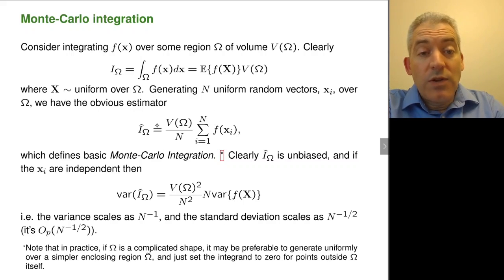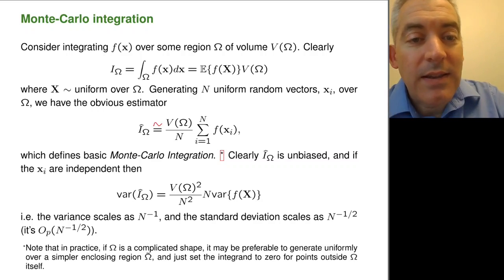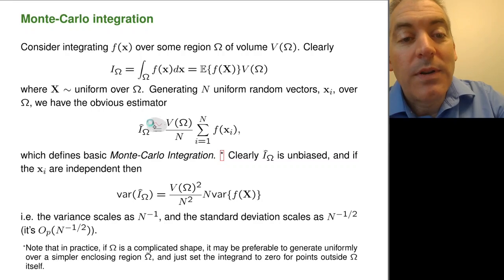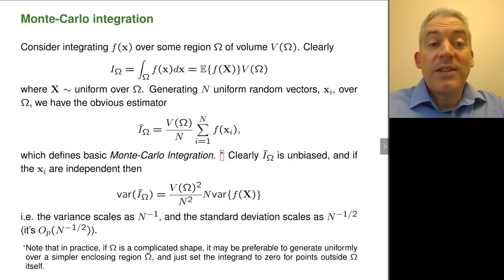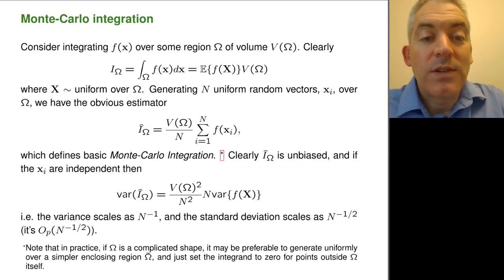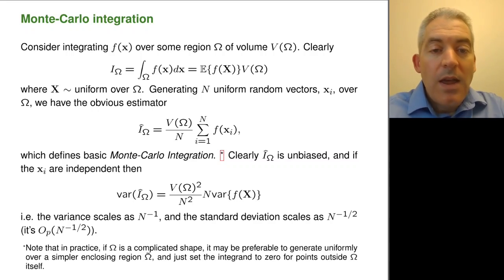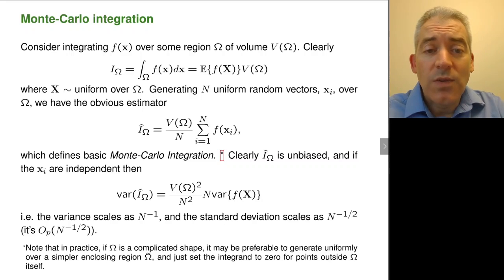And now this really should be an approximately equal to. Oh no, that is exactly the estimator, but it estimates the true integral, because it's got a little hat on there. Okay, so that's our Monte Carlo estimate of the integral.